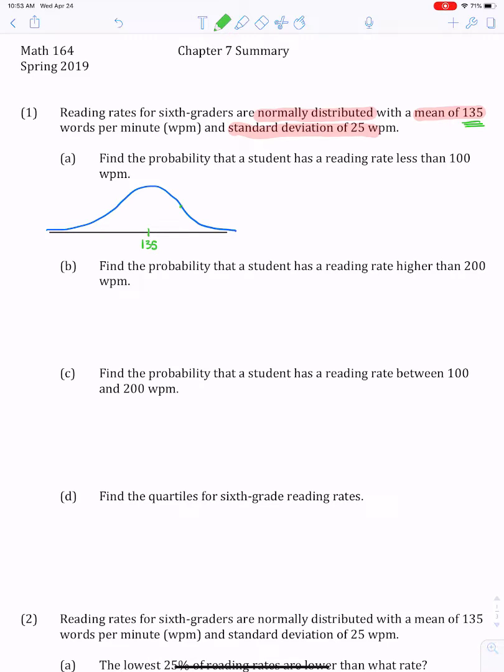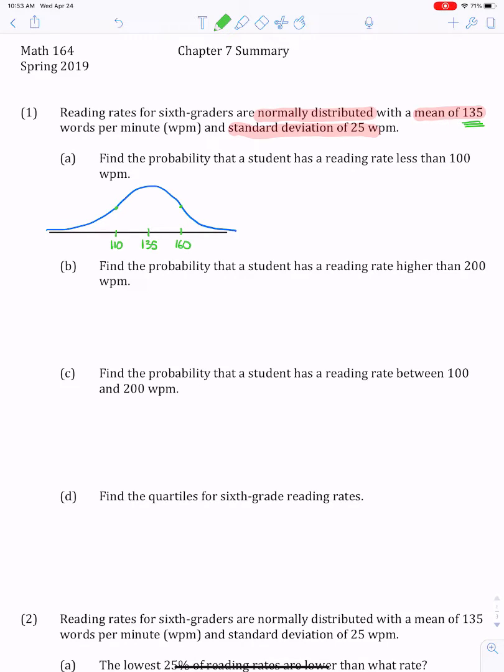And then these points right here, called inflection points in calculus, are one standard deviation higher, so that would be 25 plus 135, which is 160. And this value over here would be 25 subtracted from 135, which is 110. So there's what the bell-shaped curve looks like.